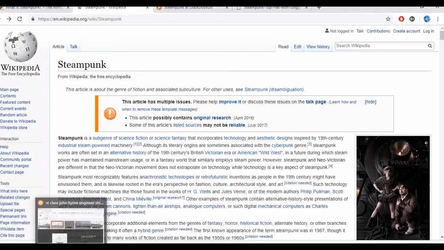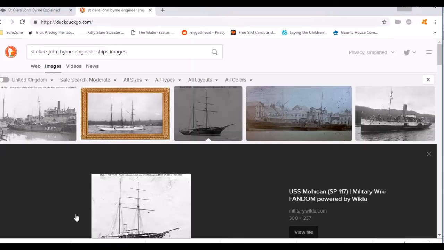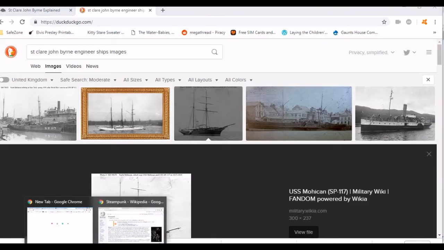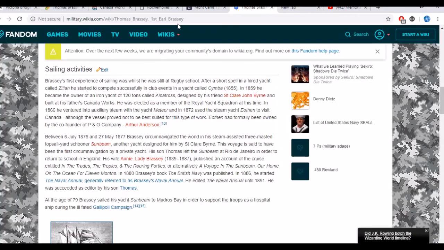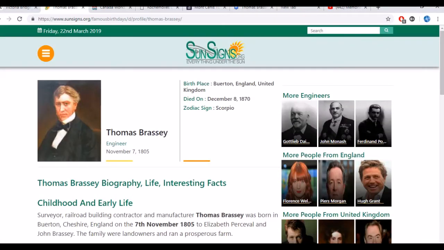Because I think that John St Clare's iron boats, and I think that William Brassey's, Thomas Brassey's, that's the old one. So trains were old stuff steampunked up with steam, with actual steam.